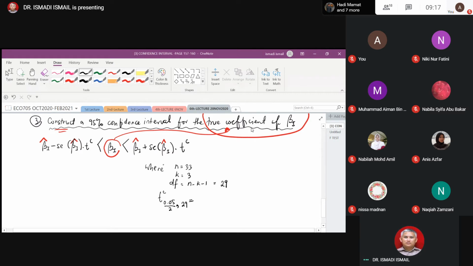Two-sided, 29 is 2.045. If you refer to the book at the back, page 537, it is given for 29 as 2.045.